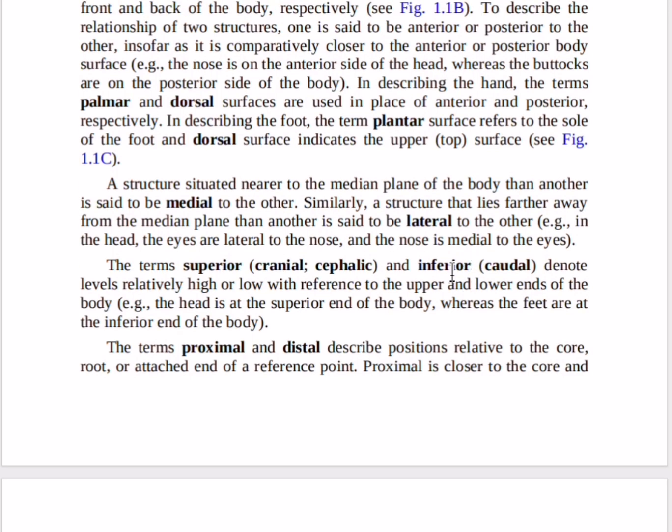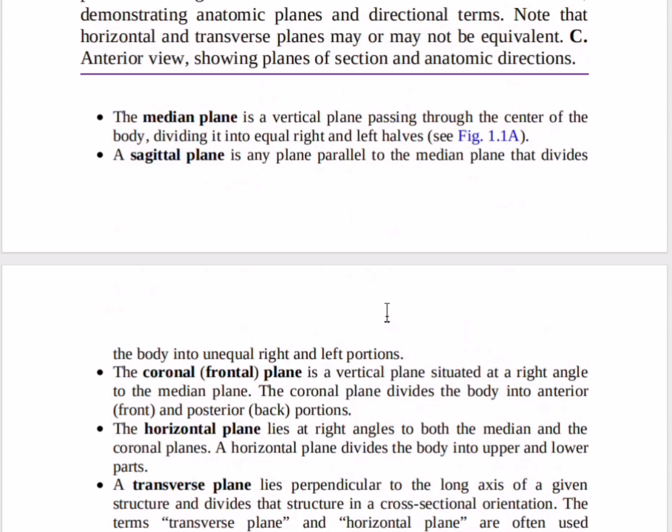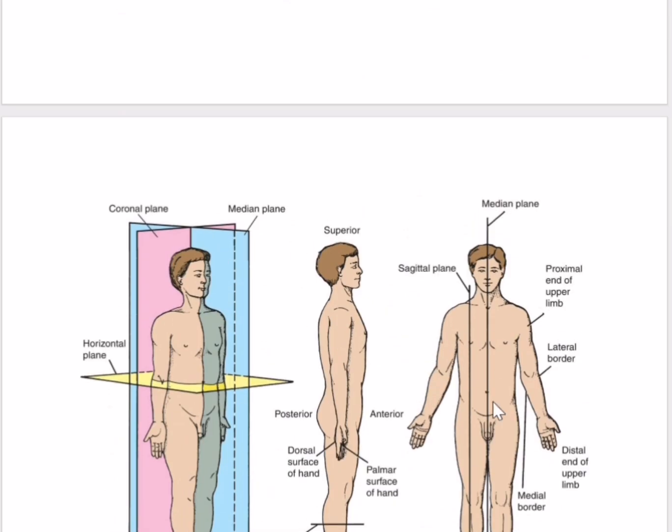Making sense? Then we also use the term proximal and distal, right? So let's say, for example, we are using our reference point as the trunk, right? We say that your shoulders are proximal to the trunk, right? They are nearer to the attachment to the trunk as compared to your hands, which are distal to the trunk.